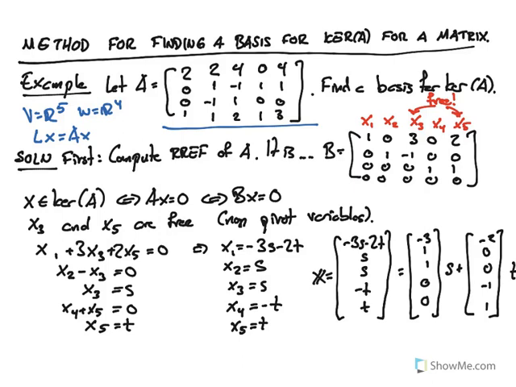And so now we've characterized every possible solution to the equation AX equal to 0. They take this form. So in other words, the two vectors that we derived are a spanning set for the kernel.